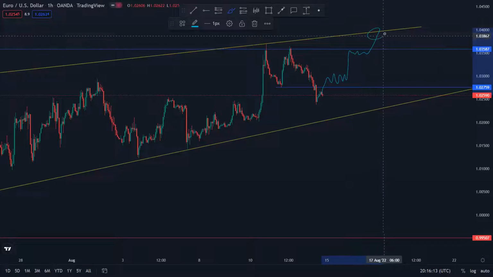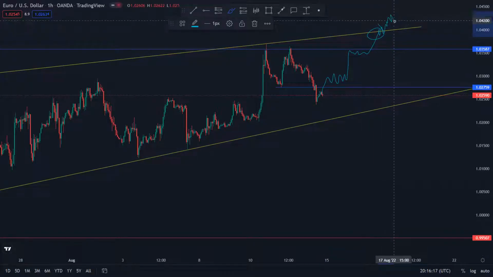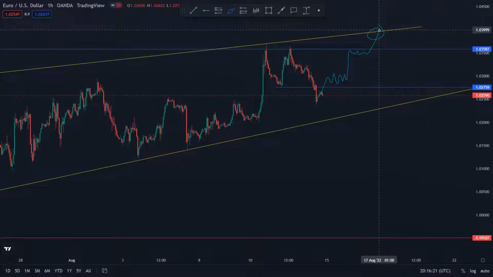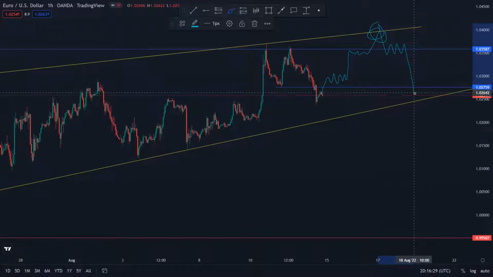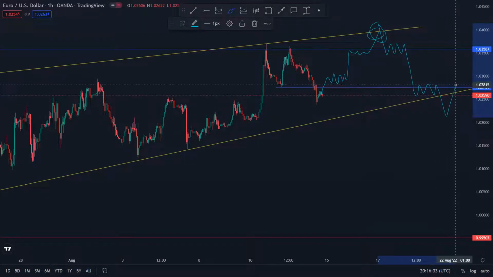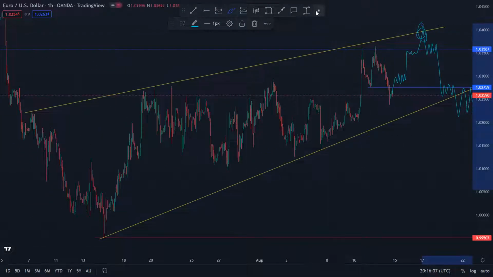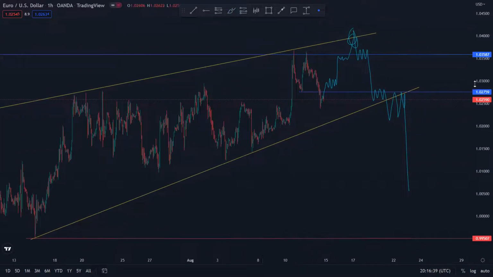Then when we get to this level, either we're looking for more reversal flags and price to push down, or we wait for price to come to this level, fake people out, and then push down, giving us a tight flag. Then we're looking for more confirmation. We'll look for another bigger flag pattern to form, and for more move to the downside.